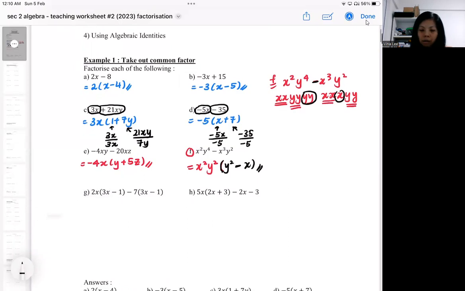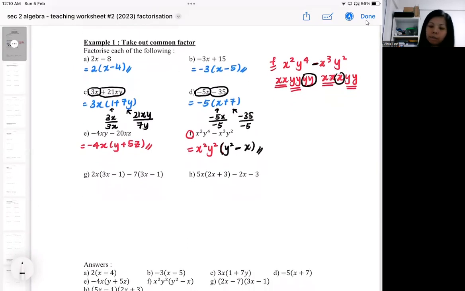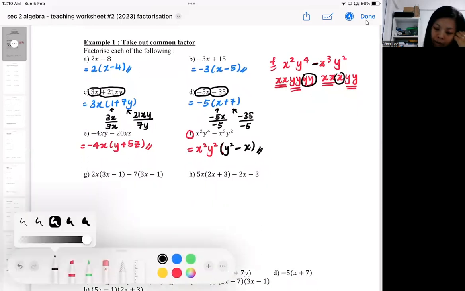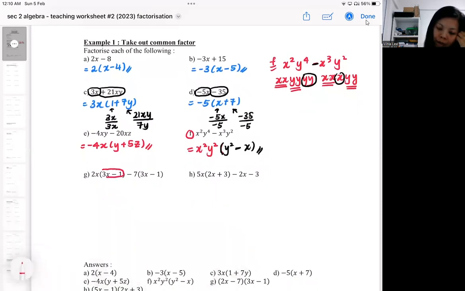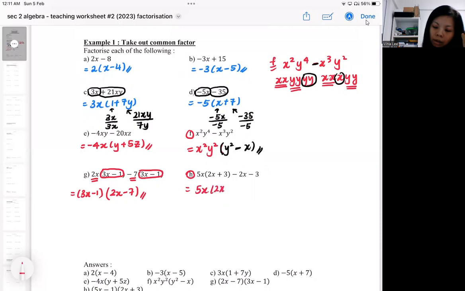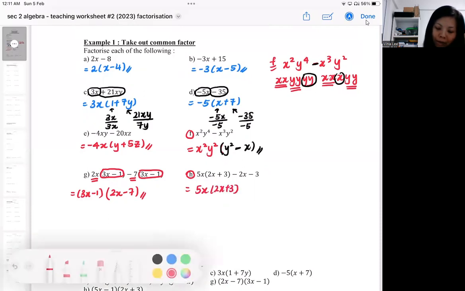In taking out common factor, sometimes our common factor can be a bracket. This whole bracket is the common factor. You bring it out, divide it out. If you divide it out, you are left with 2x, and you are left with minus 7. Oh, this is also another tricky one. Here there is a factorization of -1.